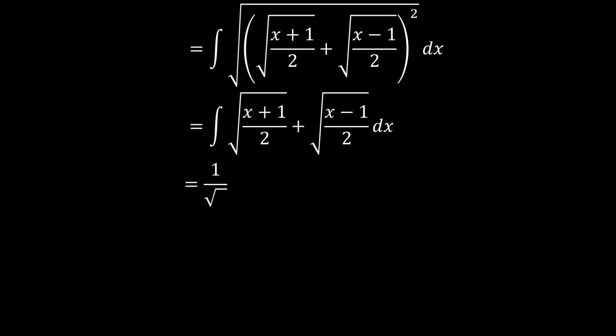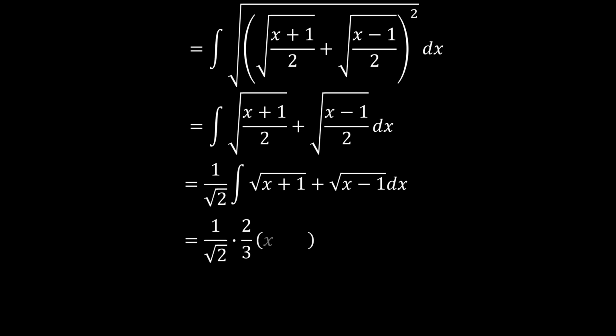We can pull out 1 over the square root of 2, so now we do have the square root of x plus 1 plus the square root of x minus 1. And those are easy integrals to solve, because with this we do have 2 over 3 times (x plus 1) to the power 3 over 2, and then with this part here we have 2 over 3 times (x minus 1) to the power 3 over 2, and obviously the constant 1 over the square root of 2 applies.